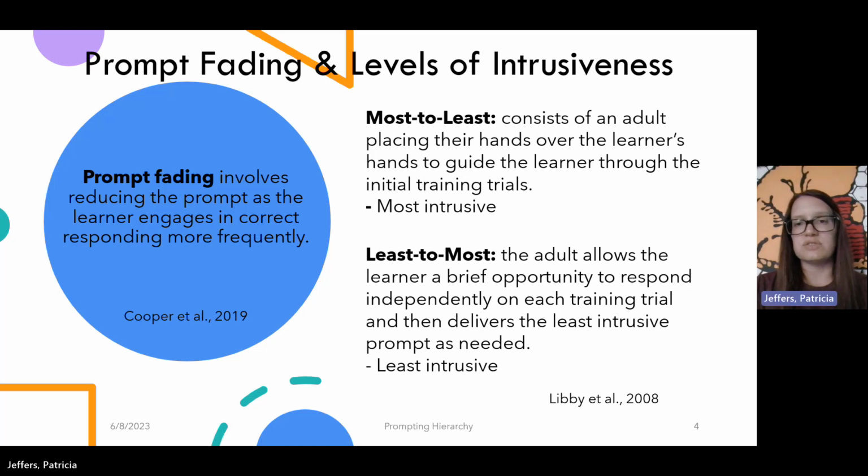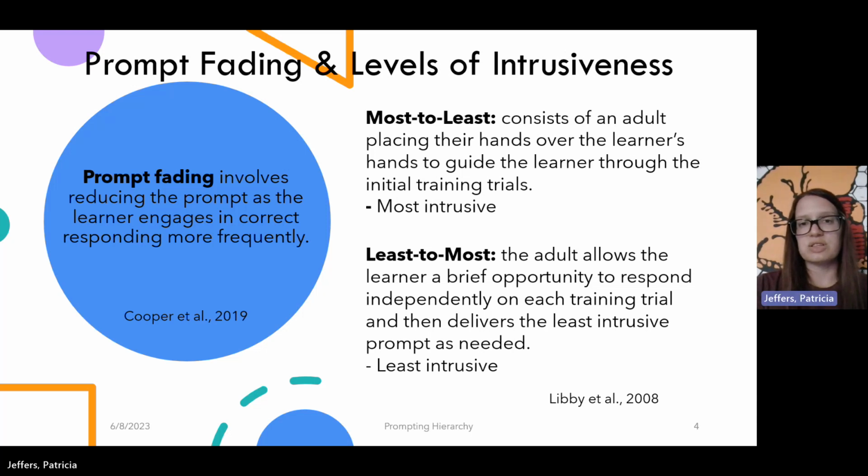Considering the level of intrusiveness allows you to determine the sequence of prompts used when fading prompts. Libby et al. discussed 2 ways in which behavioral health professionals can implement and fade prompts to help increase a learner's ability to independently complete a desired task.